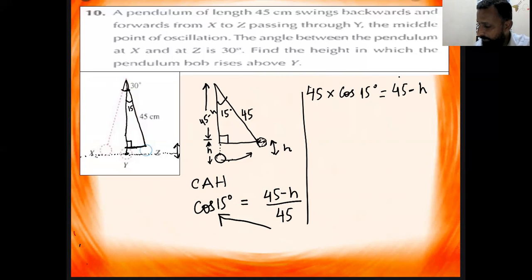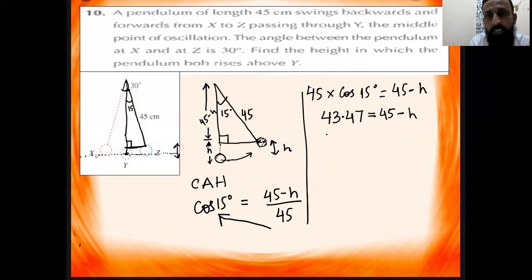Now your calculator will give you this much answer, boys and girls. 45 multiplied by cos 15. The answer is found to be 43.47, which is equal to 45 minus h. What is unknown? h is unknown.